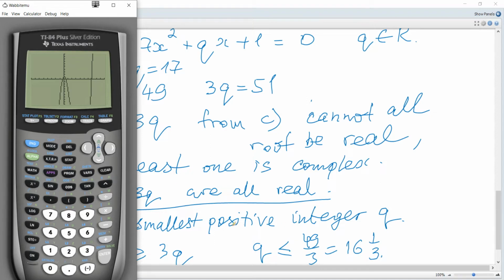We need to consider another value of q, and let's consider a greater one, because we need up to 16 and we need the least positive. Let's consider, for example, 10x plus 1, and we can see again 3 real roots.